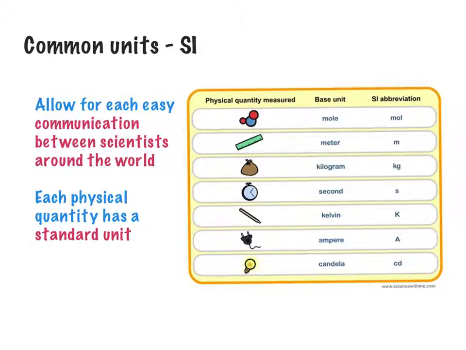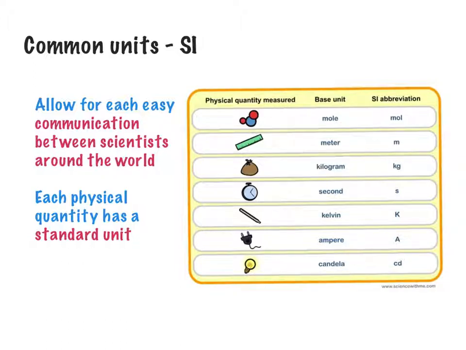And so when people were talking to each other, or when people were trying to replicate experiments done in another country, they couldn't do it because the units were different to what they were grown up with, or different to what they expected. So overall, science decided that we were going to have a standard set of units called the SI units.